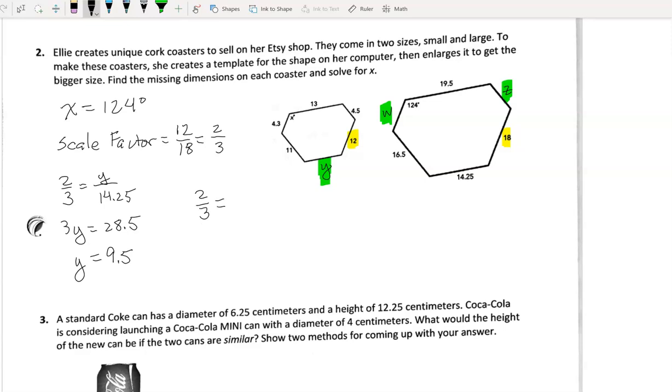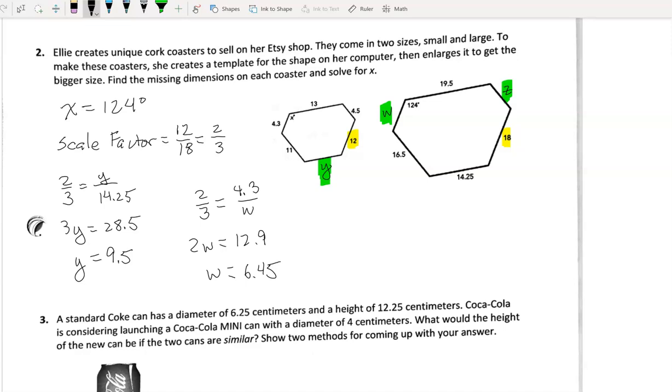W matches with 4.3, so again I have to go left to right, so 4.3 over w. I'll cross multiply, so I get 2w equals 12.9, and divide both sides by 2, so w is equal to 6.45.